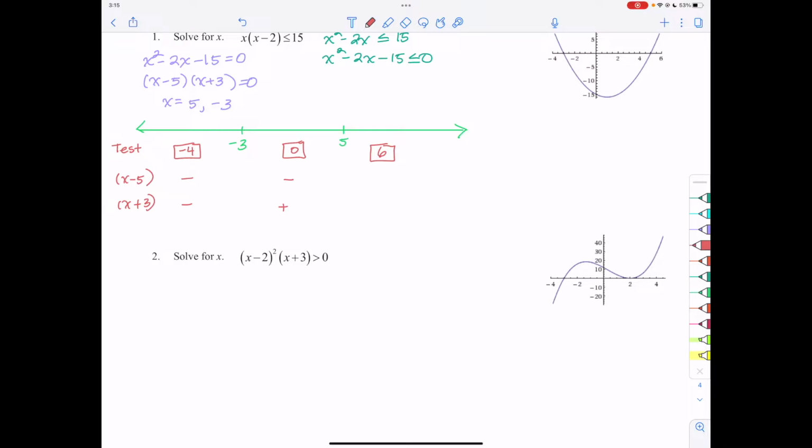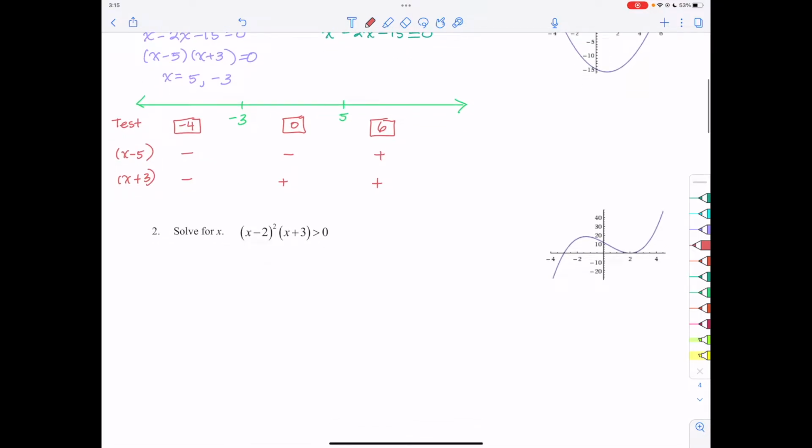It's 3. And now plugging in 6, we have a positive and a positive. Now, if we multiply a negative multiplied by a negative, of course, we're going to have a positive. And if we multiply a negative multiplied by a positive, that's a negative, and a positive multiplied by a positive, we have a positive.